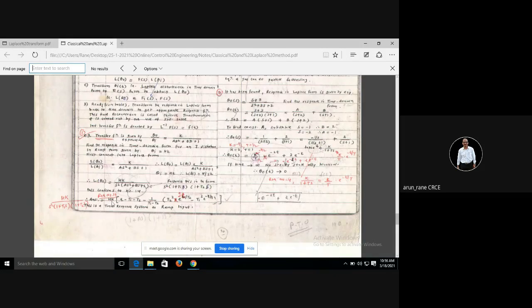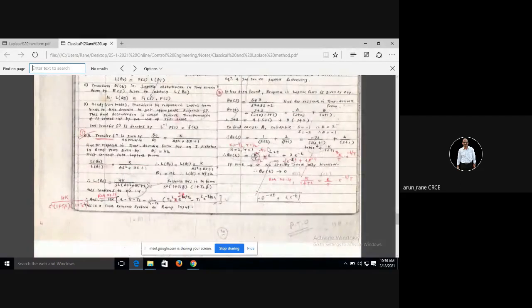So my answer will be: my output theta O is equal to hk into bracket. The answer is 1 upon s square, and from the table we got the remaining terms. So this is what my time response to the ramp input is.